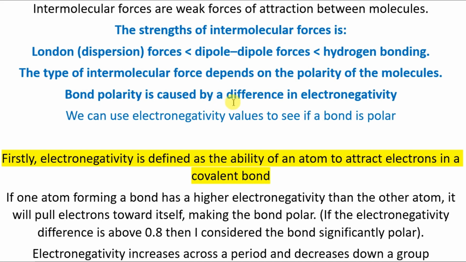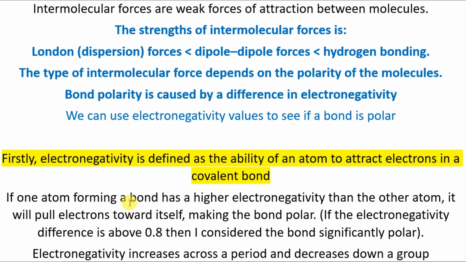Bond polarity is caused by a difference in electronegativity. So, we can use electronegativity values to see if a bond is polar. Firstly, electronegativity is defined as the ability of an atom to attract electrons in a covalent bond.